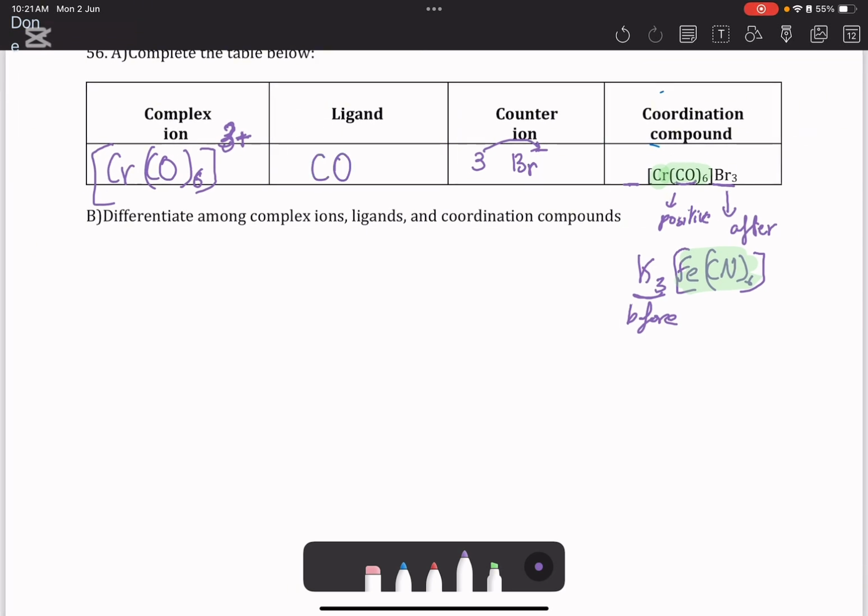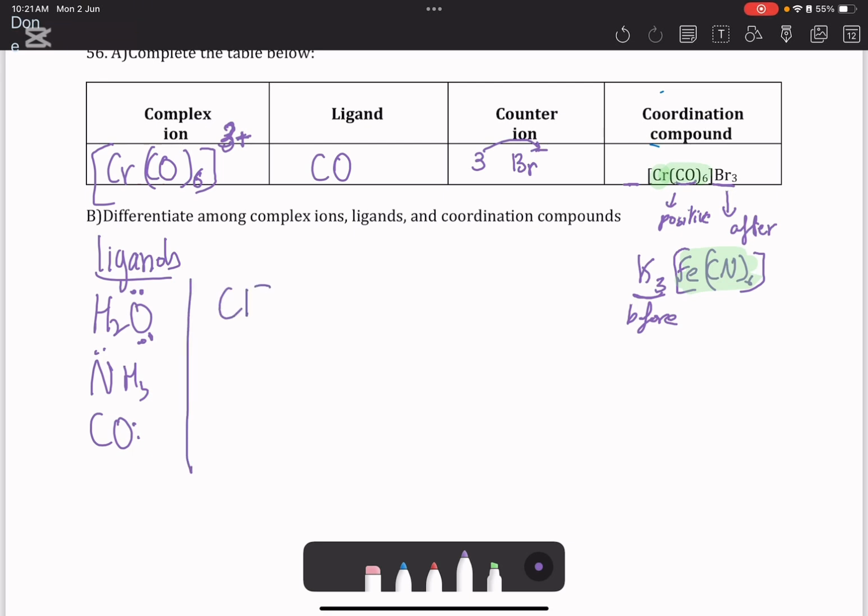Now, differentiate among ligands, complex ions, and coordination compounds. I'm going to give you the list of ligands that you need to remember. Water. These are compounds that can be either charged or neutral but have free lone pairs on them. And NH3 with a lone pair, and CO with a lone pair.